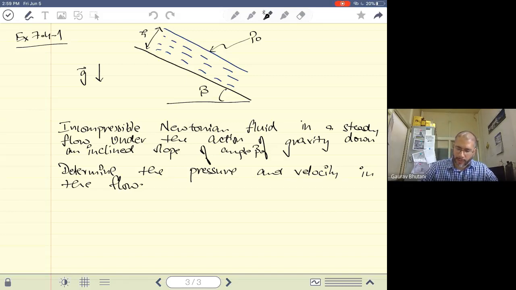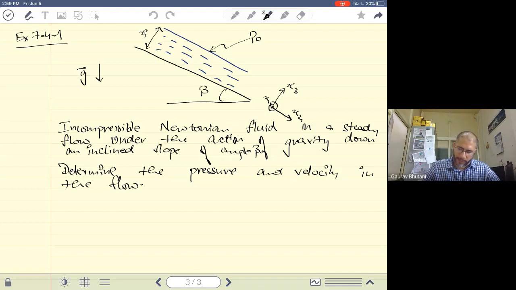So in this case, it's extremely convenient if we choose a coordinate system which is along the direction of the inclination or the slope. So we call that x2, and the direction which is perpendicular, normal to the inclined surface, that we call x3. So that means that x1 is coming out of the plane of this sheet. All right. So this is the coordinate system that we'll be working with today.